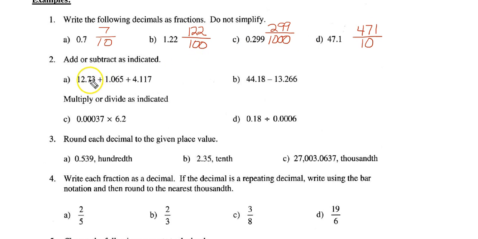Now, I'm not going to do these because generally you're going to do them on your calculator, but the key when you're working with decimals in the old-fashioned way, you had to line them up so that the place values coincided, and you weren't adding whole numbers to fractions and things like that. And the same here. You're just going to put that in your calculator. And the same for multiplication.